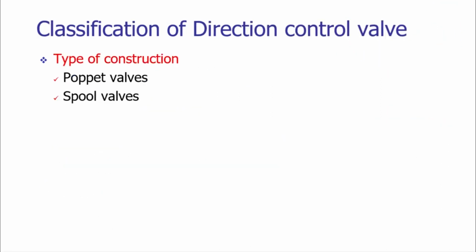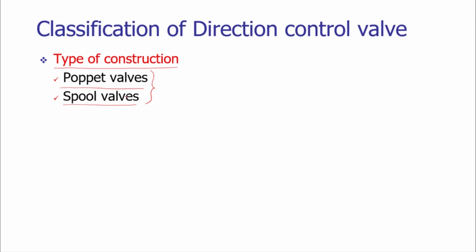The direction control valves can be classified based on many factors, many parameters. The first factor is the type of construction. So we have two types of valves which are used in the industry. These are poppet valves and spool valves.